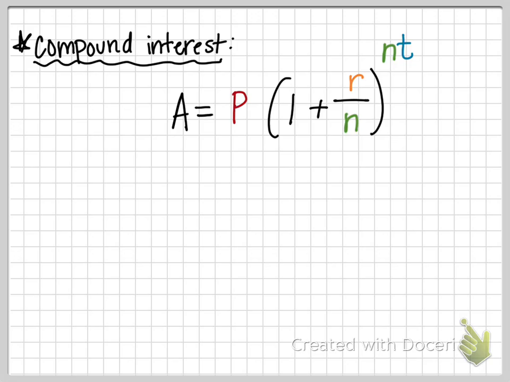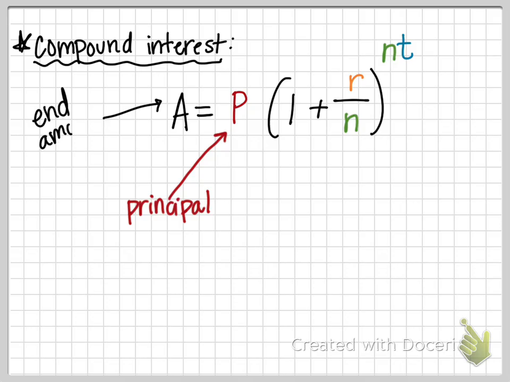Here's what we will need. Okay, P is your principal amount. It's what you initially deposit, or how much you start with. So A is going to be the end amount. That's what you end with. 1 is just 1. R is your rate. You must always write R as a decimal. You will typically be given it as a percent.